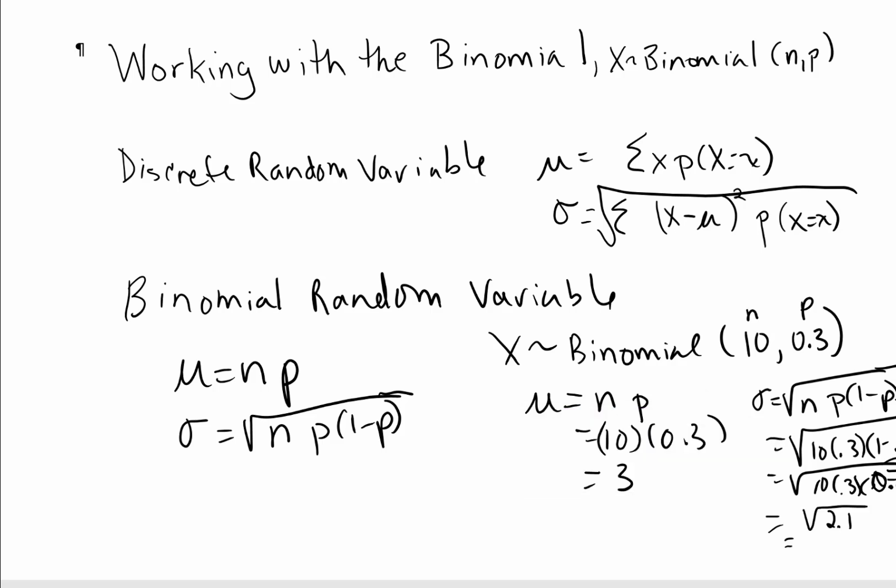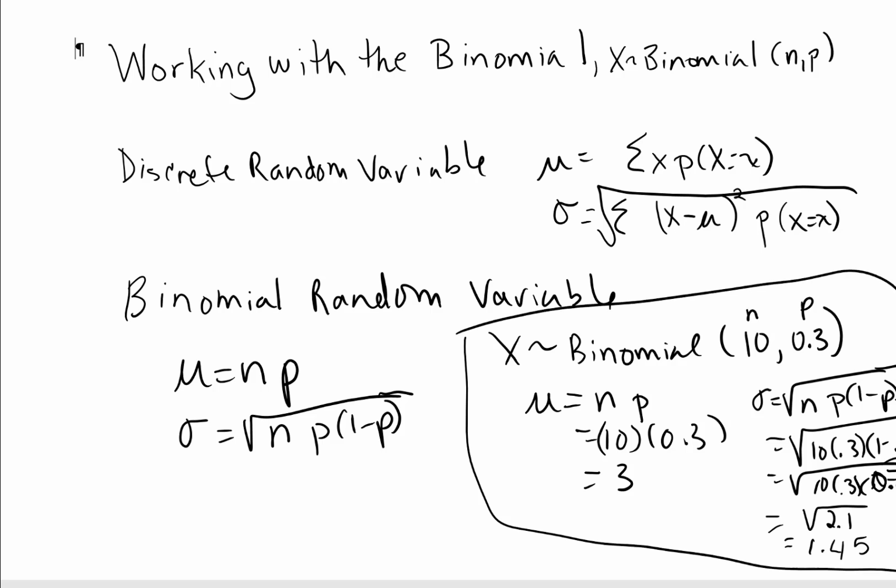I'd get the square root of 2.1, but don't forget to take the square root of 2.1. Don't just leave it as 2.1. That's the variance. The standard deviation would be the square root of 2.1, which is 1.45. So that's how we would find the mean and the standard deviation of a binomial random variable.